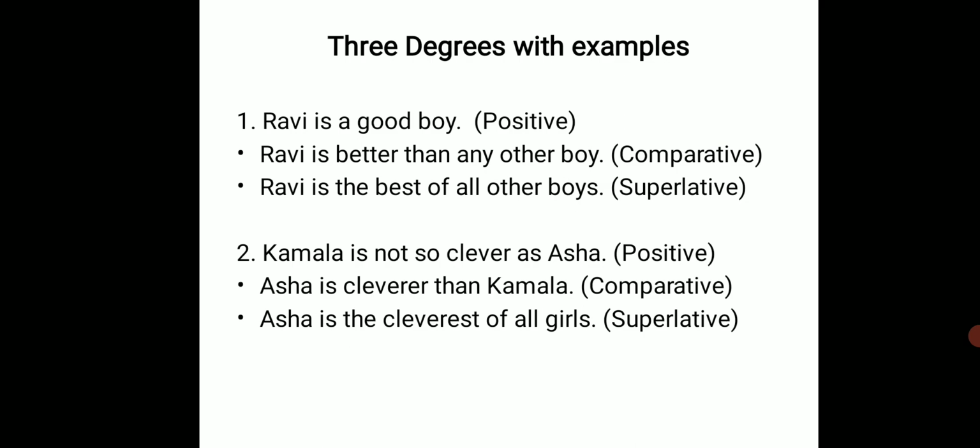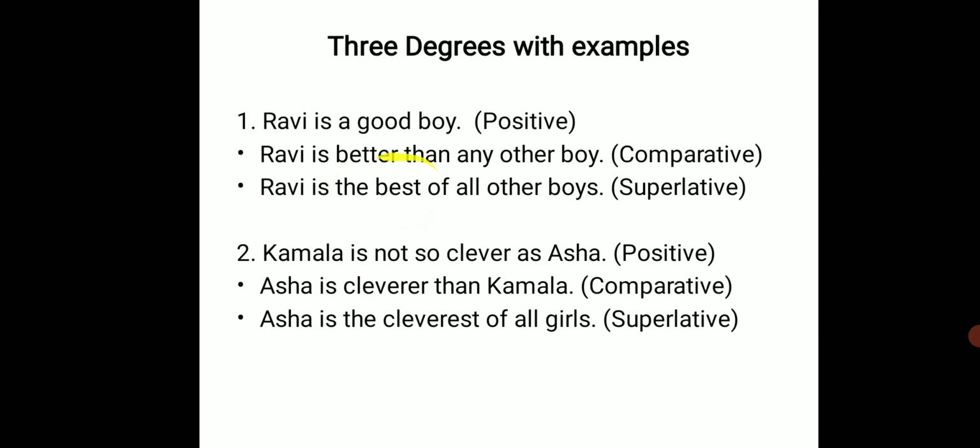Ravi is better than any other. See, this is another important usage you have to make in comparative degree. Ravi is better than. Now when we make comparison, we need to mention another person or object. So, any other boy. Ravi is better than any other boy. And the same sentence in superlative, read this: Ravi is the best.